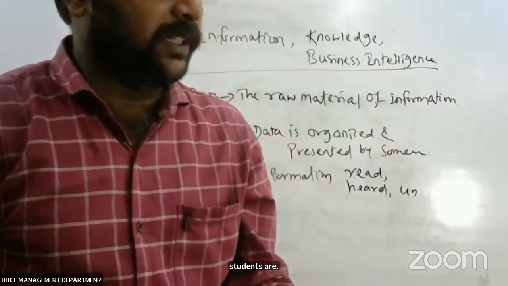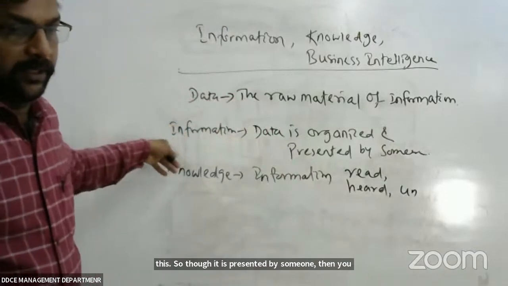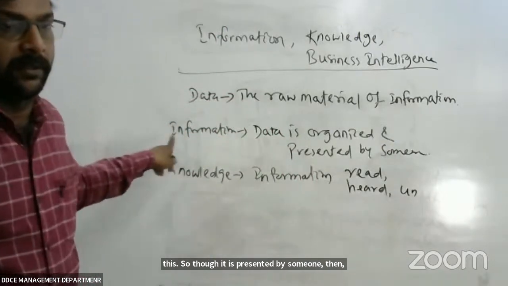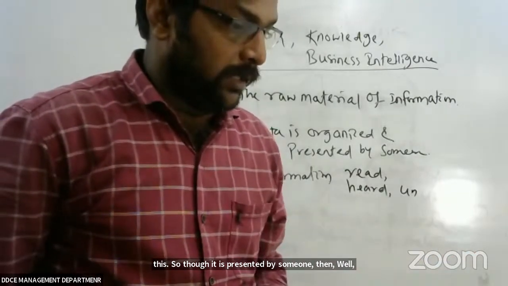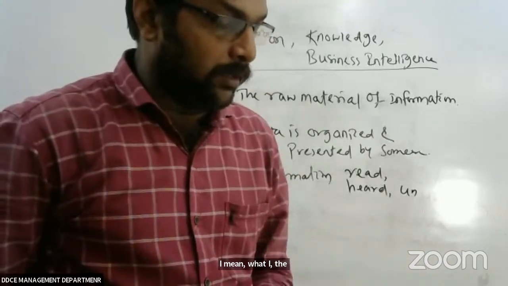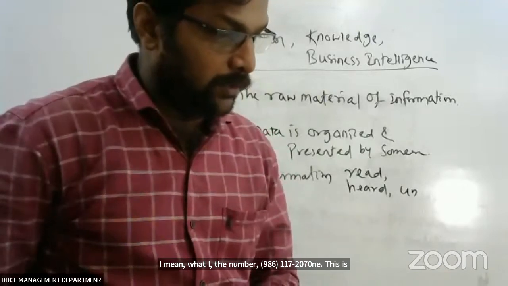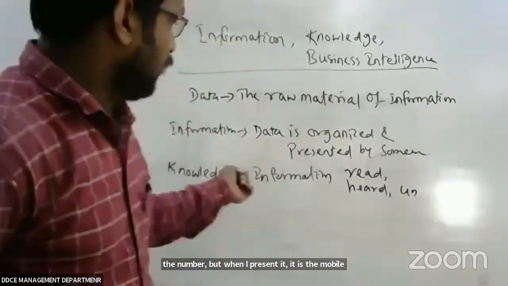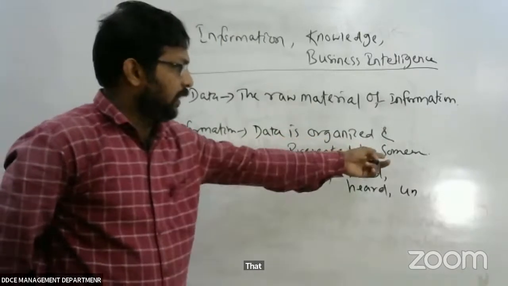When it is presented by someone, we refer to it as information. For example, the number 98611720721 is just a number, but when I present it, it is the mobile number of somebody. That is information: data organized and presented by someone.